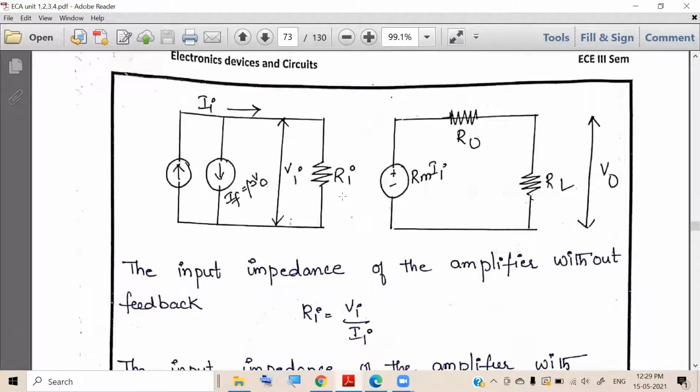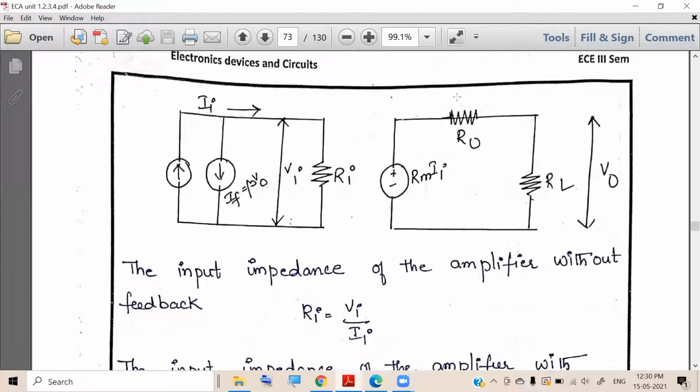So what is the trans resistance amplifier? Very easy. Ri represents input resistance, Ro represents output resistance. Then we have this amplification factor Rm into Ii. Rm is the trans resistance, and Ii is the input current, the current through Ri.